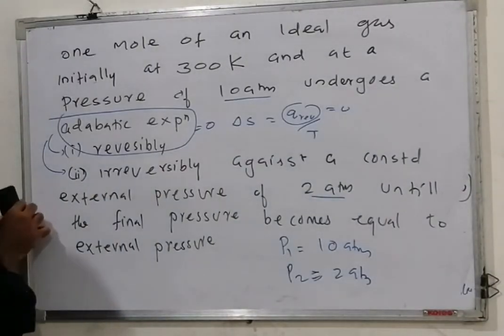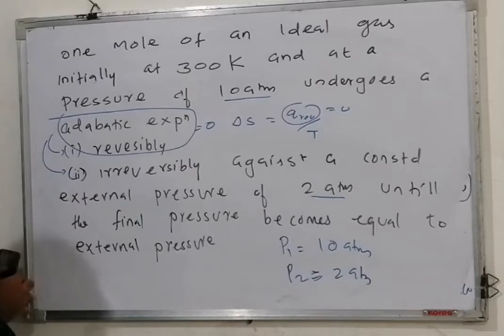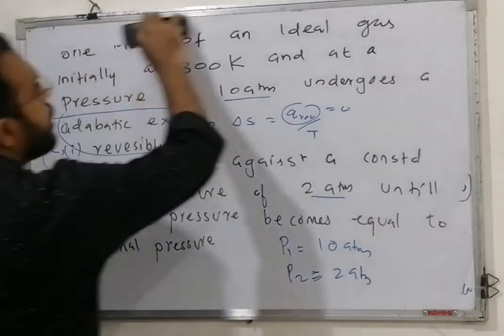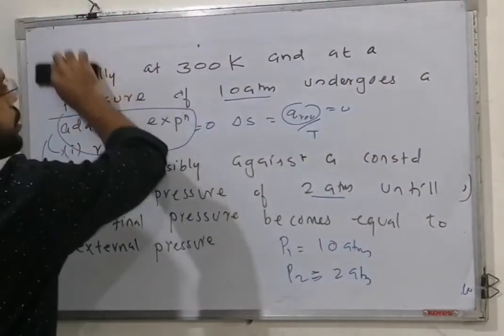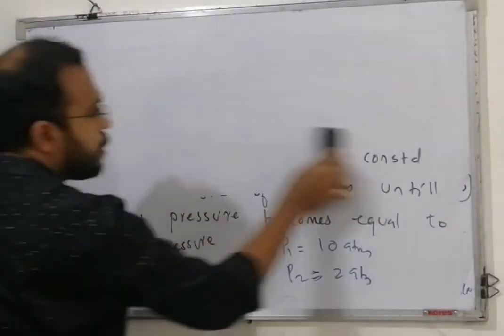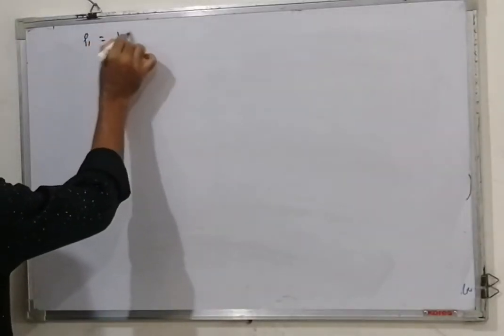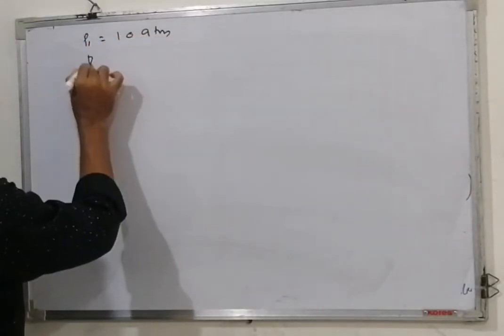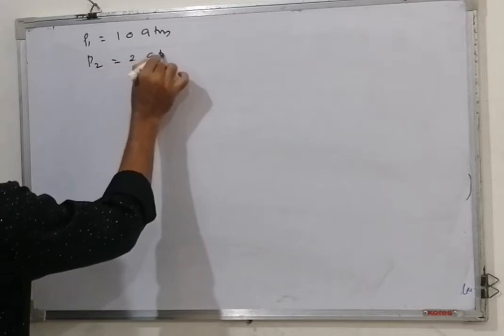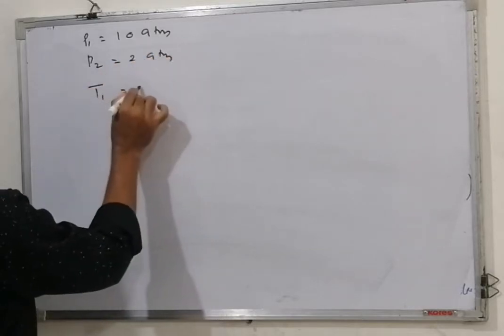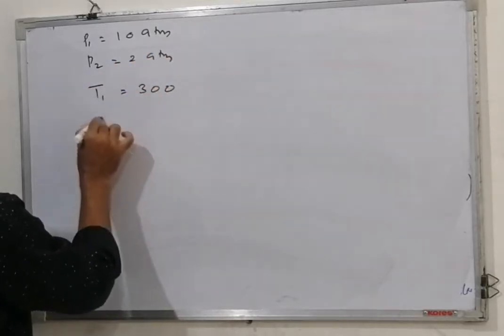Very lengthy problem. Listen here. Which equation? Ideal gas equation. P1 is 10 atm, P2 is equal to 2 atm, T1 is equal to 300, T2.